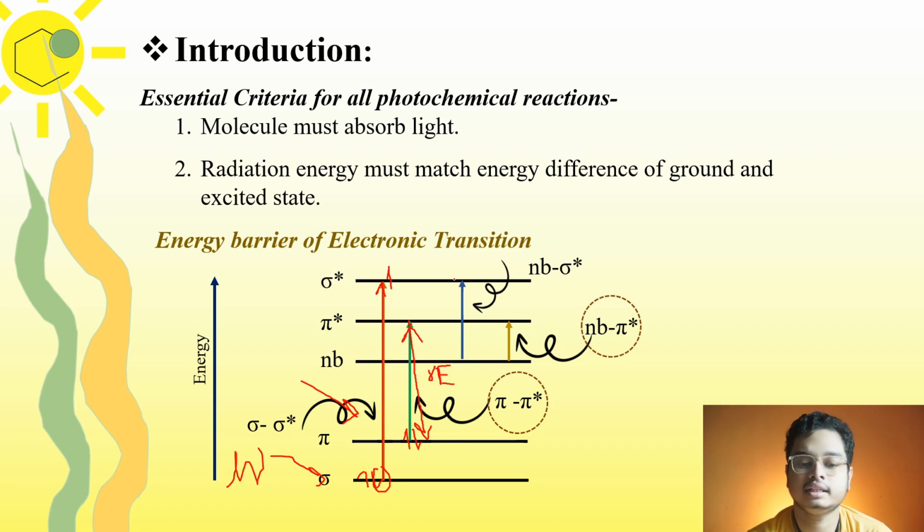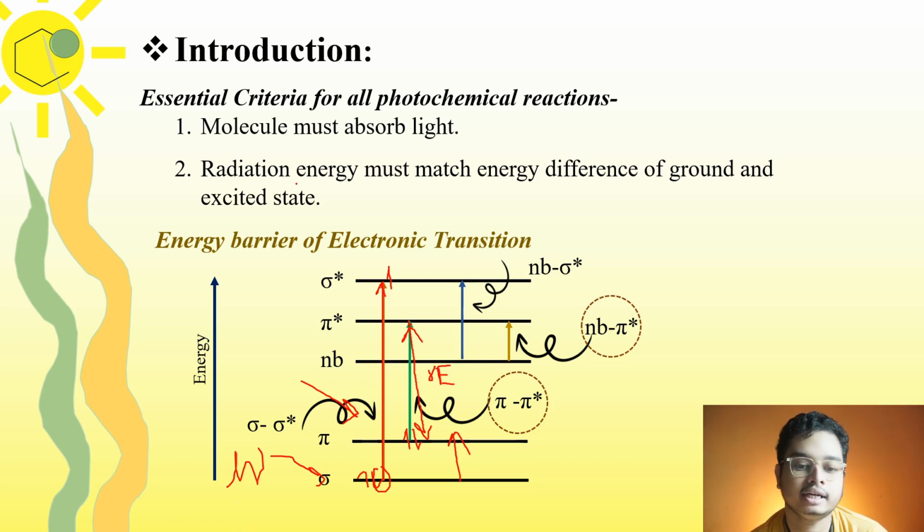Now you may think, why is only the sigma to sigma star transition or the pi to pi star transition observed? Why is the sigma to pi transition, or the pi to sigma star transition, not observed? This is because all of these sigma, sigma star, pi and pi star orbitals have their own symmetry, and in a transition there is a rule called symmetry matching.